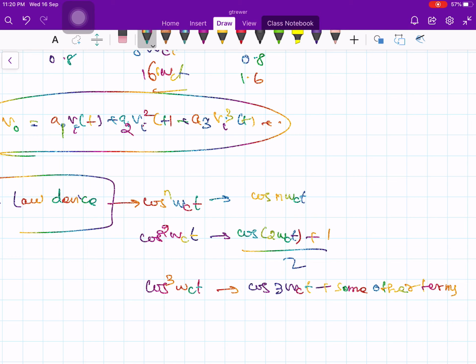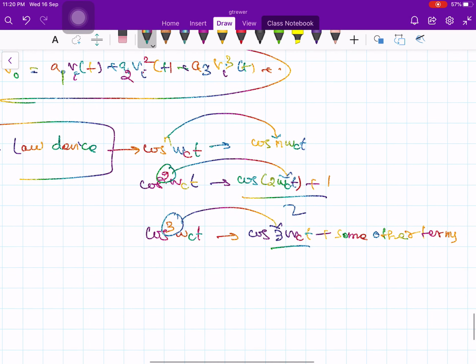Those terms will not be like 3 omega ct. Therefore, if power is 3, then 3 times your argument is multiplied. If power is 2, 2 times you are multiplying the argument. If power is n, you are multiplying by n times.